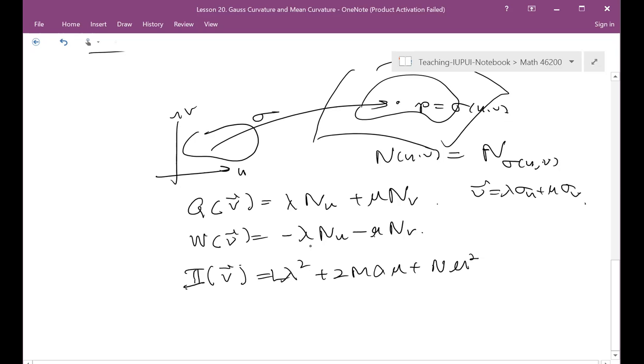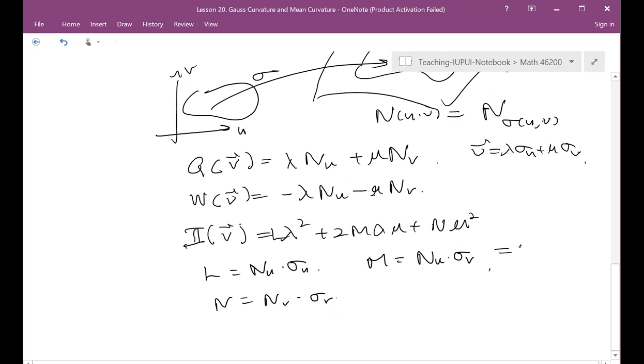So this L and m, you can do the computation. This is u sigma u m and u sigma v. I think n is n v sigma v. Yeah, because this is the same as n v sigma u. I'm pretty sure.